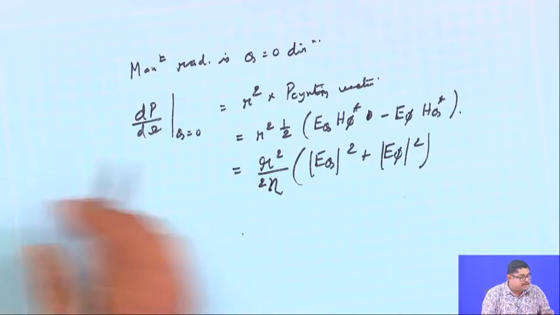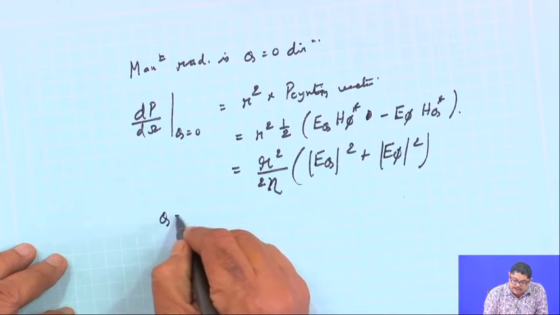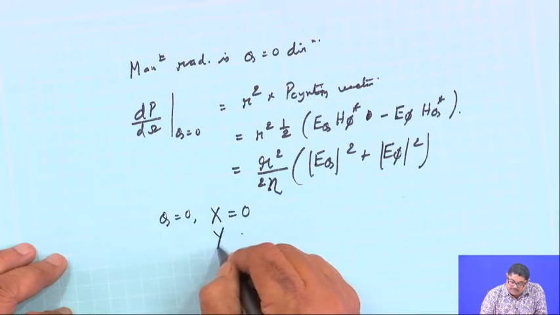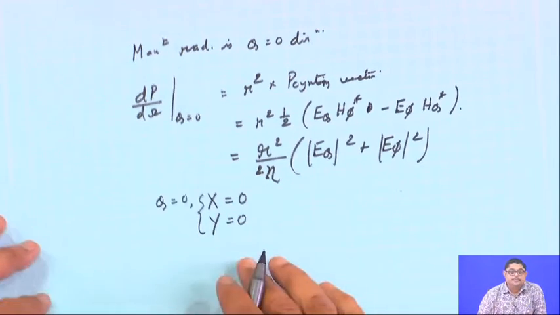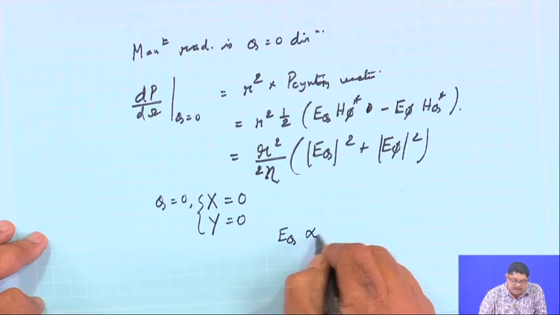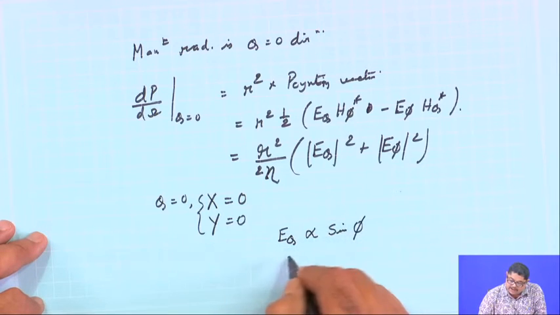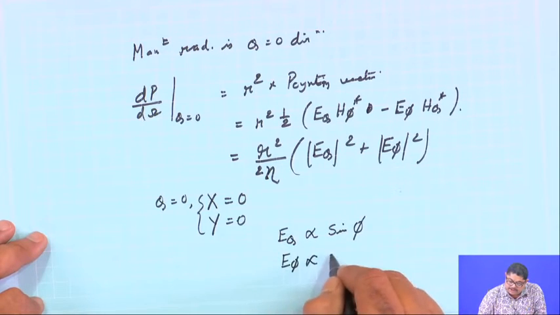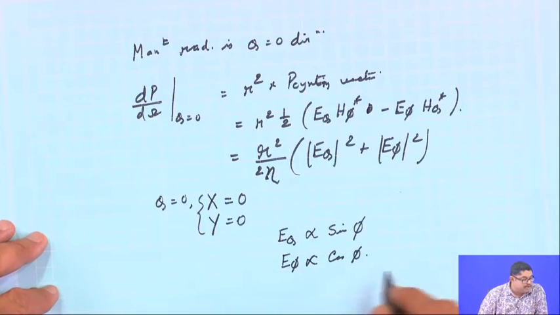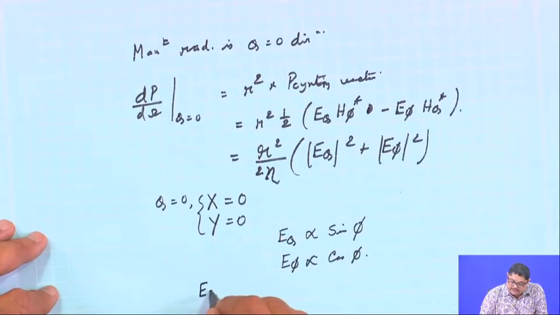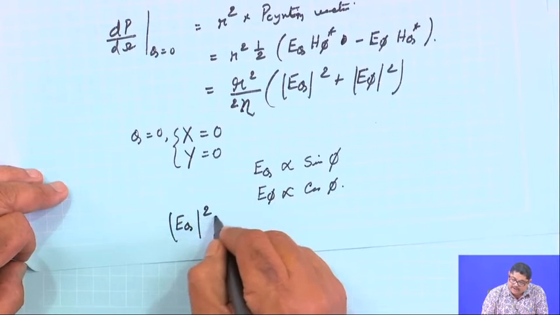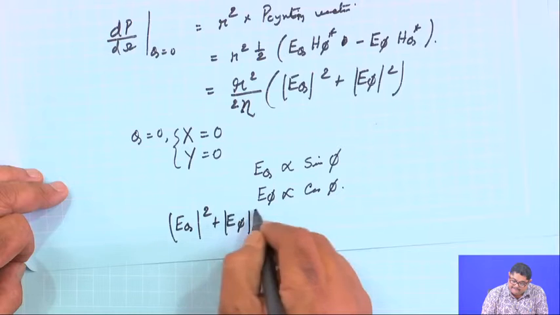So, now for this E theta, if I put theta equal to 0, capital X becomes 0, capital Y also becomes 0. So, the E theta expression is proportional to sin phi, and the E phi expression is proportional to cos phi. So, now you can find out what E theta square plus E phi square is.